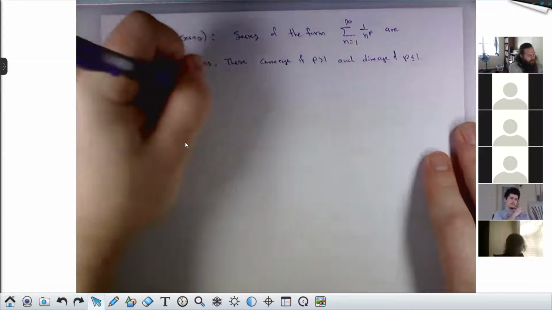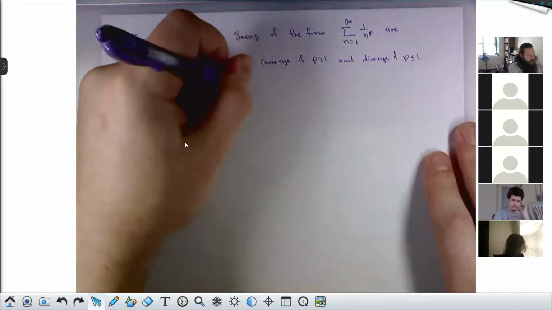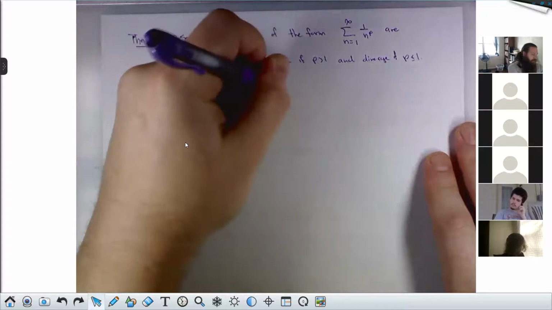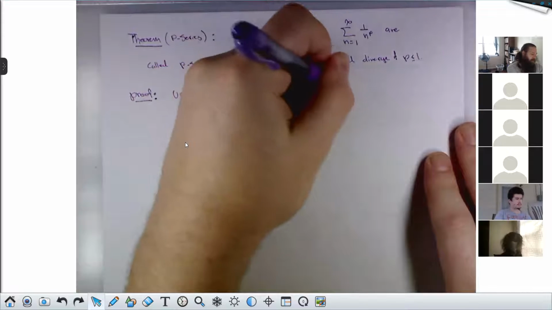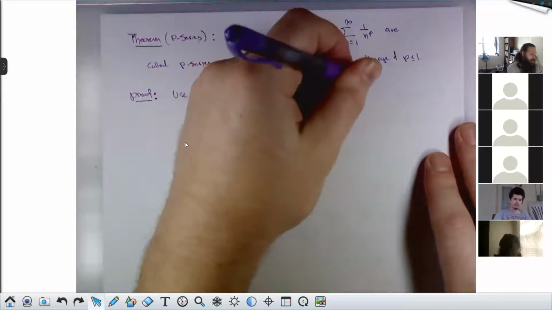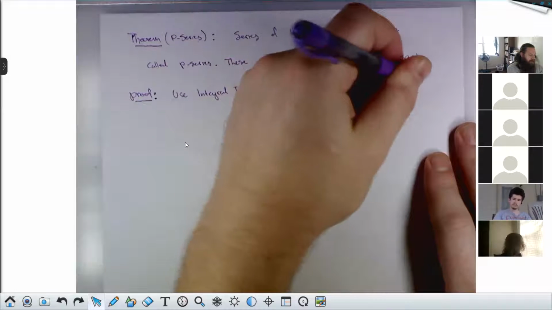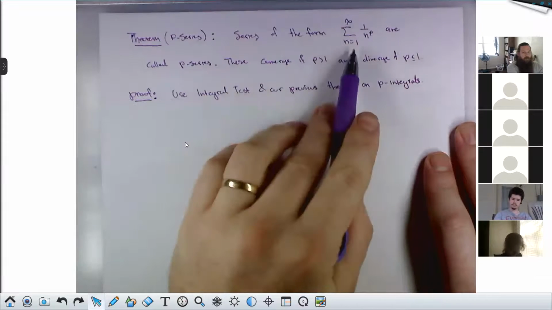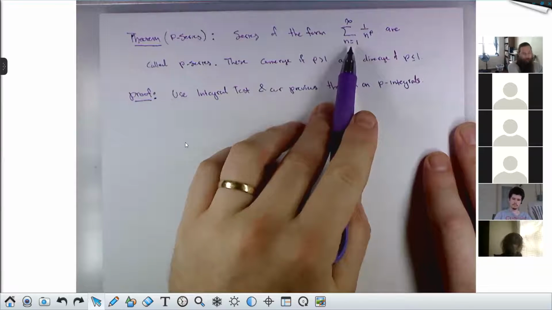Use the integral test and our previous theorem on P integrals. This is like the series version of a P integral. That's why we call it a P series.